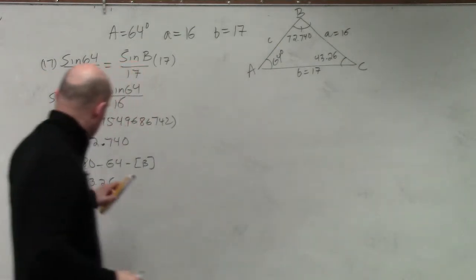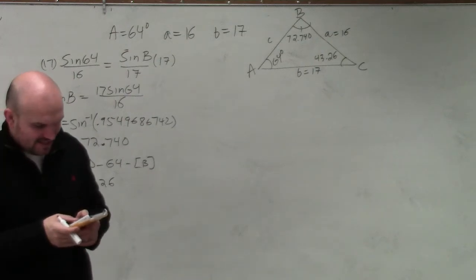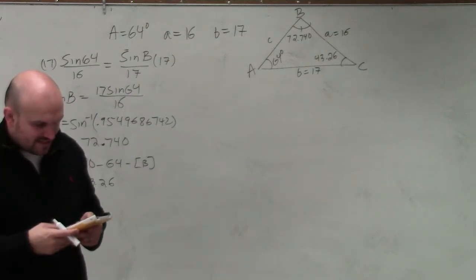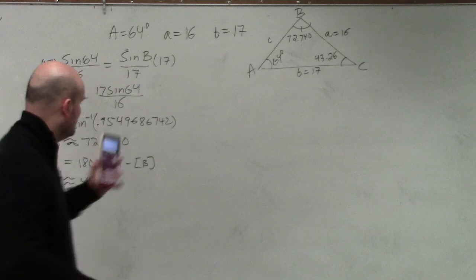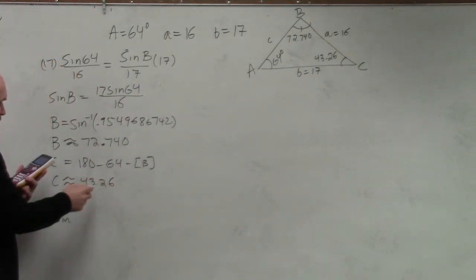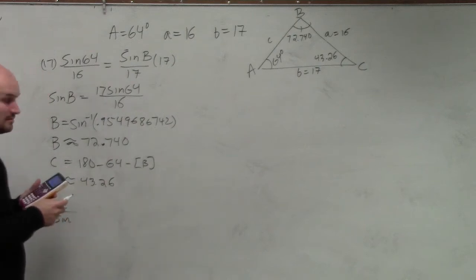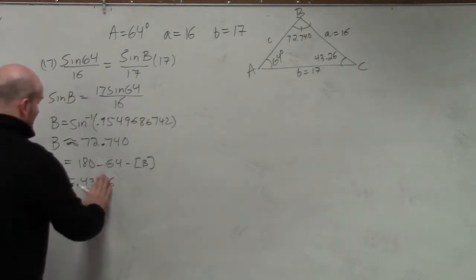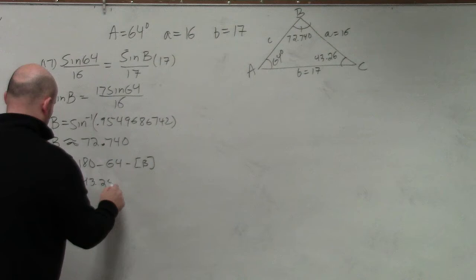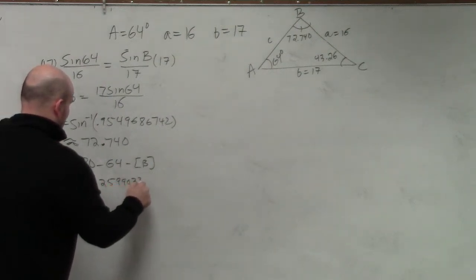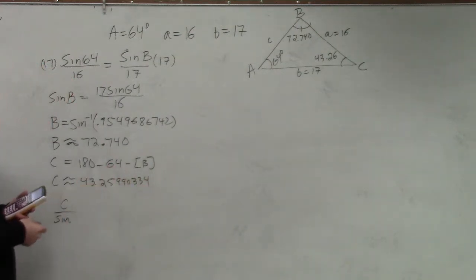Once I get that, I want to store that as C. So I'm going to hit store alpha C. So now, not this, but the whole answer is stored. Yes? So C in my calculator looks like this, 259903334. That is what I stored as C.